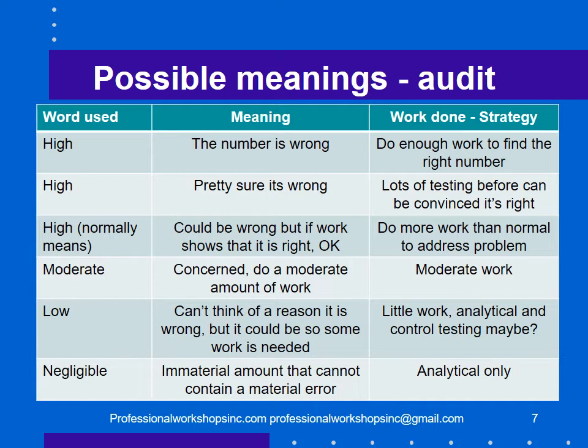And negligible is prepaid insurance, which is $2,000, and materiality is $100,000, and it was $2,000 last year too. So we're probably going to decide that analytical procedures only will deal with that.